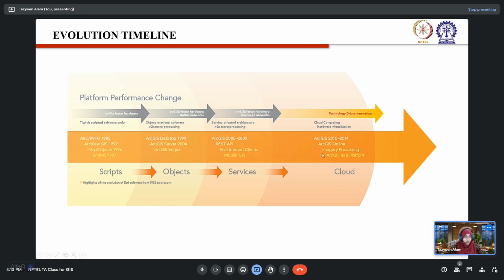So it was not just there as software, it also turned into a platform. So now we are using cloud computing and hardware virtualization. So technology drives the innovation, and this is how the performance changed based on the change of different types of hardware.